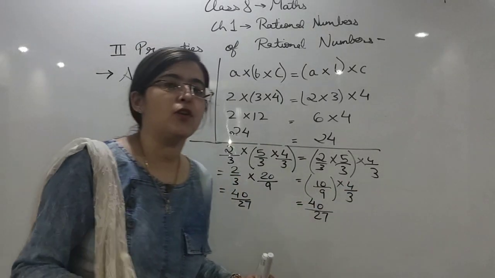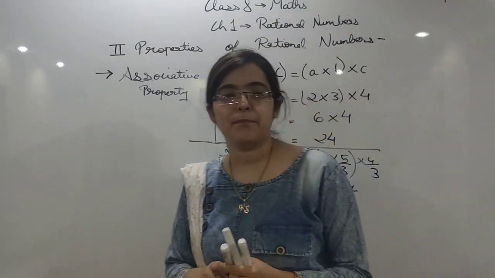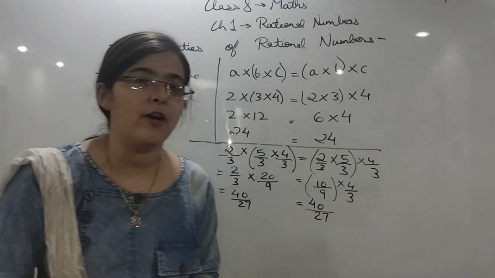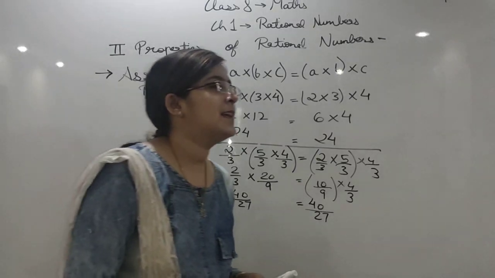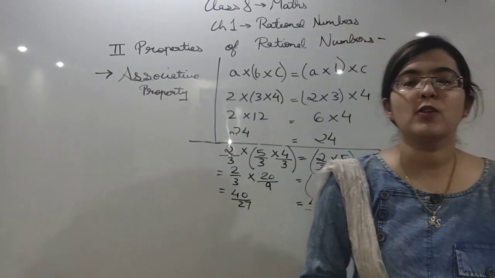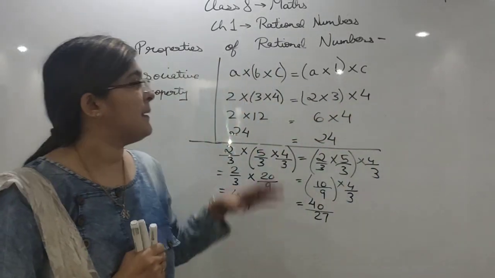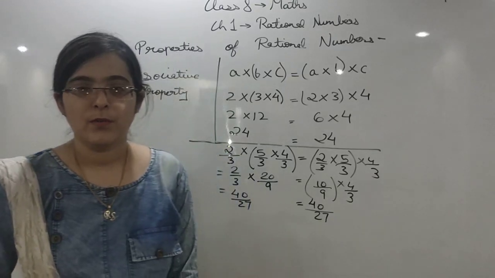Write one more note that all the rational numbers follow the associative property of multiplication and addition, which we have done before.